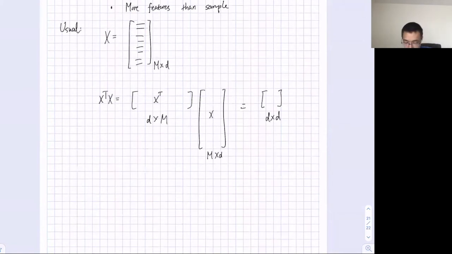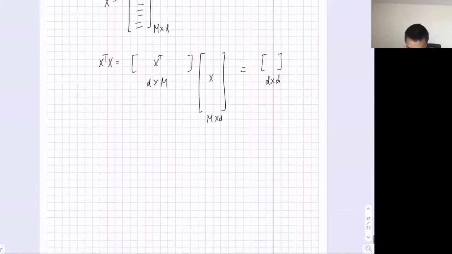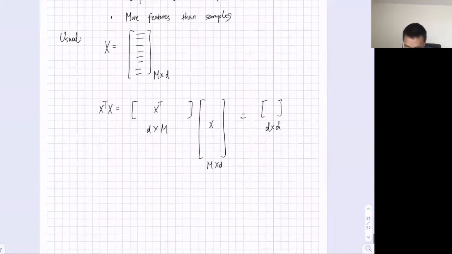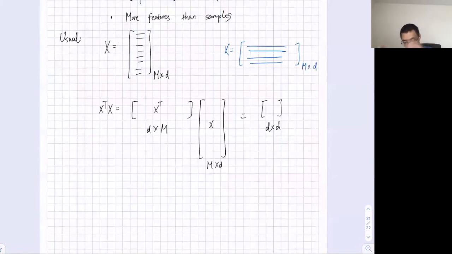But maybe we have more features than samples. In this case, my X would be a fat matrix like this. I have a few samples, but each sample is represented by many features, like 1,000,000 features. It's still M by D, but it's fat.